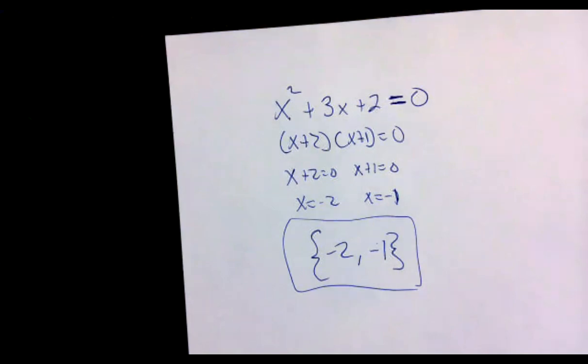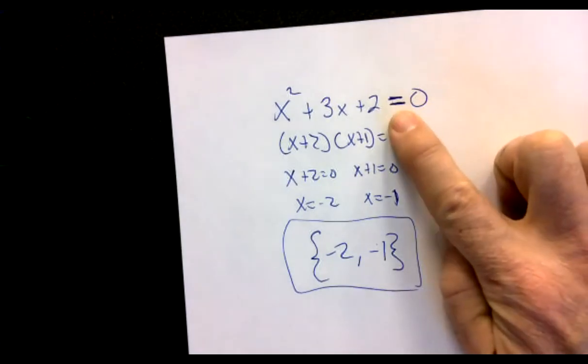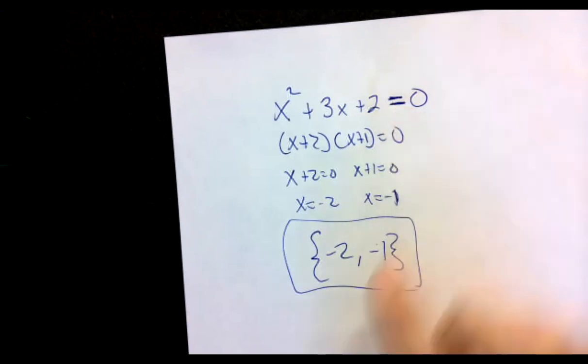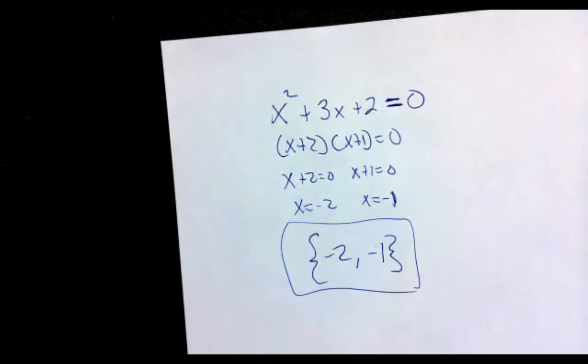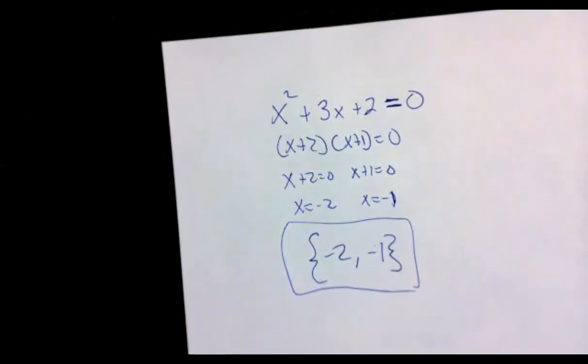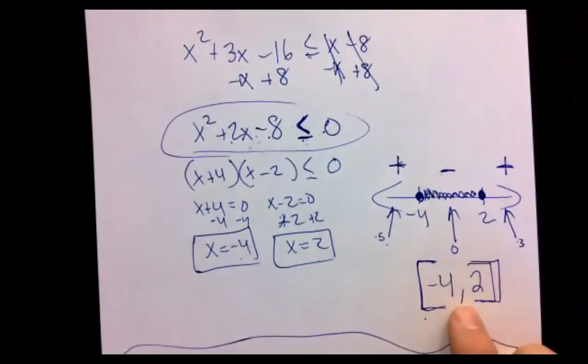Okay, again, that's not something I'm going to do on the test or anything like that. I'm not trying to get you. Okay, 4-6 is all about inequalities. I would not throw a problem with an equality, equal, in there. But if they do, just understand that you're writing your solutions as a set, not as an interval. So everything we did with inequalities, okay, we ended up writing as an interval.